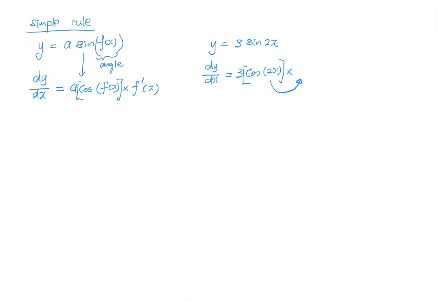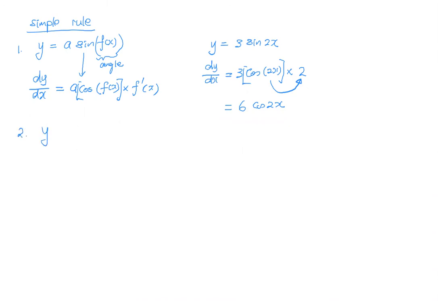Two. So if you want to make it simple, you can write 6 cos 2x. So first one, remember it? Sin changes to cos.